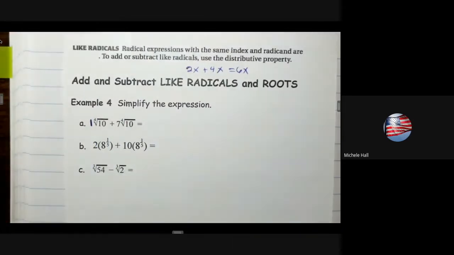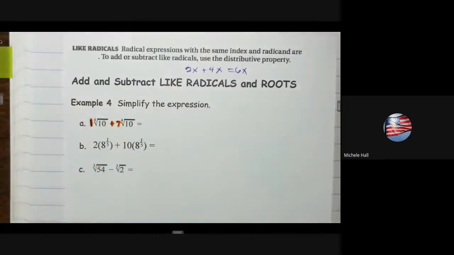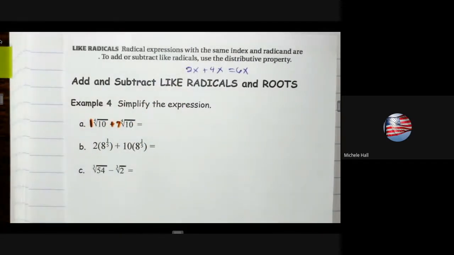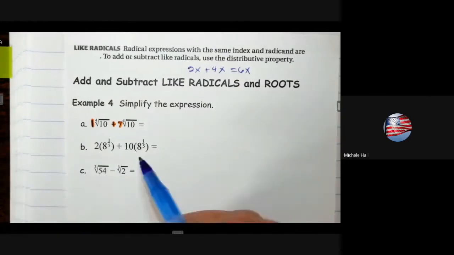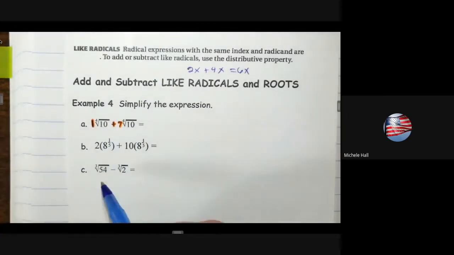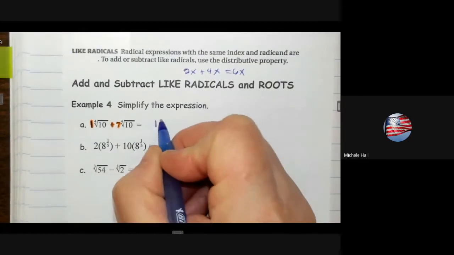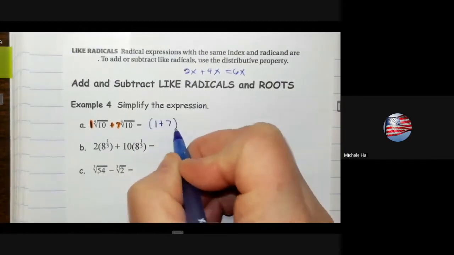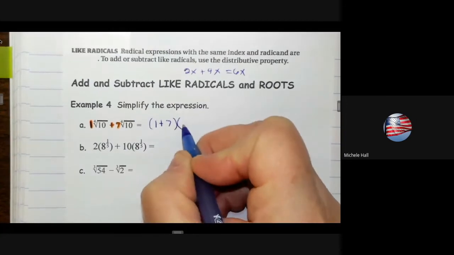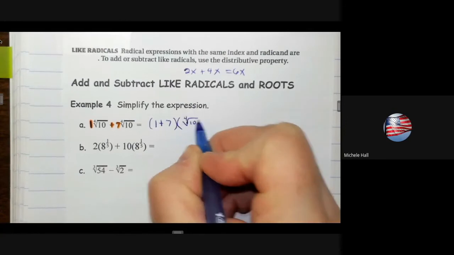There's an understood 1 out front of this 4th root of 10. So we're looking at 1 plus 7. Those are the coefficients. I have exactly the same root. It has to be exactly the same: the radicand has to be the same, and the n has to be the same. This is going to equal 1 plus 7, and we have the 4th root of 10.